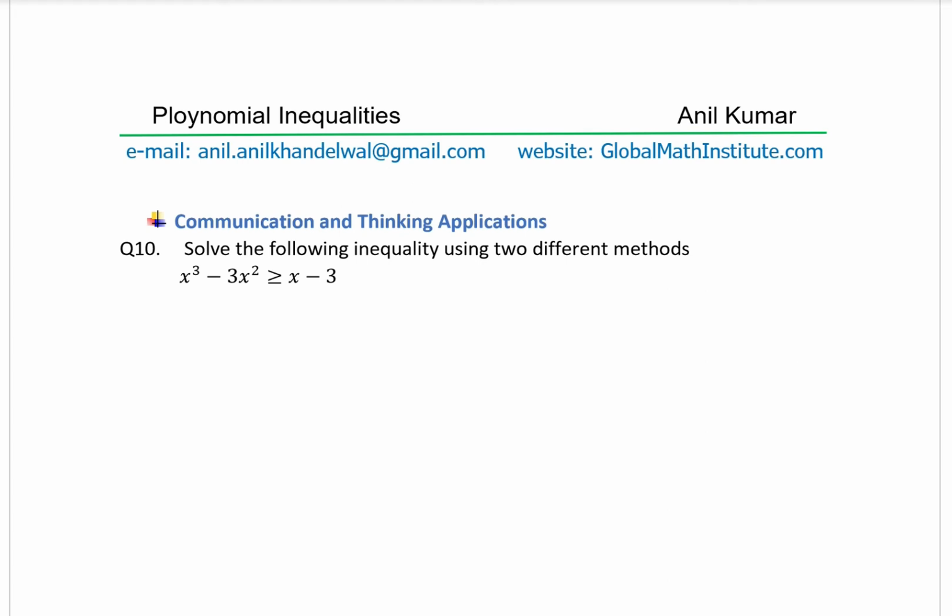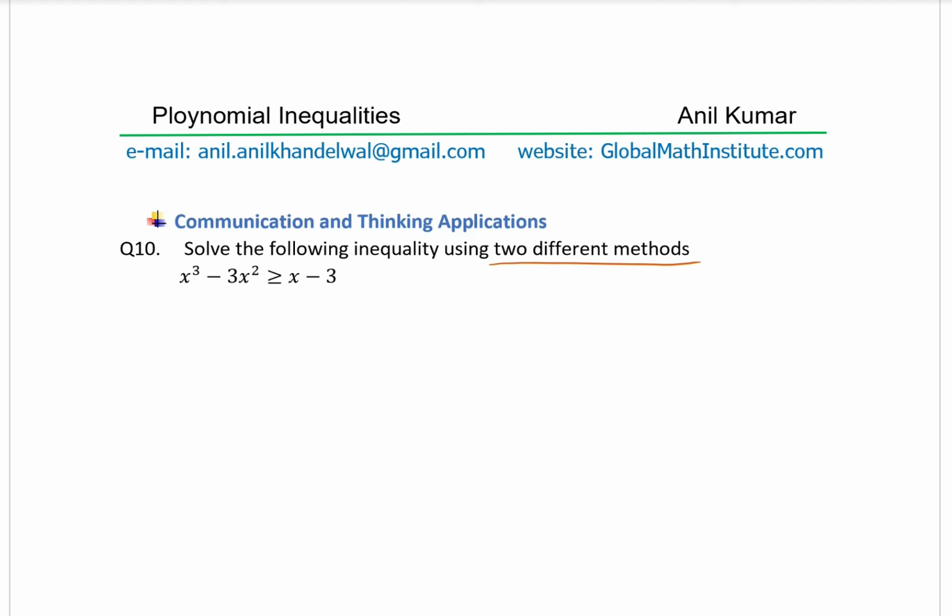Perfect. Let's move on and take the next example, which is: solve the following inequality using two different methods. So now we could use many ways of doing it. It says two different methods. Let us see how we can find a solution with two different methods. So the example here is x cubed minus 3x squared greater than or equal to x minus 3. Well, you could use an algebraic method, you could use a graphic method.